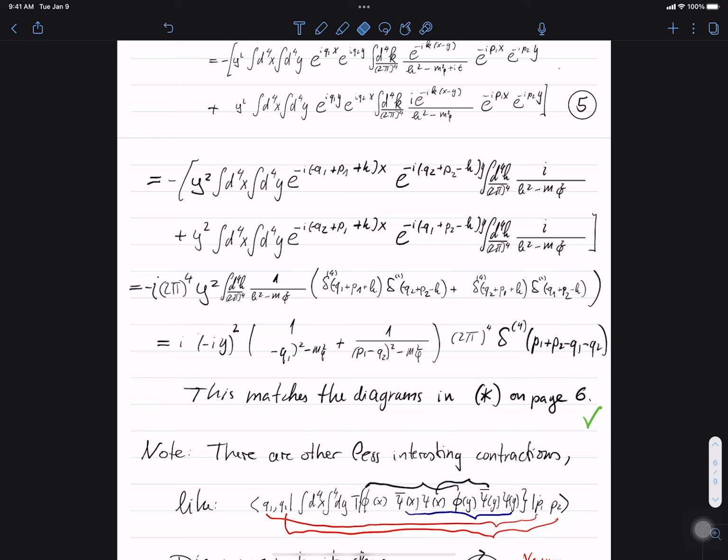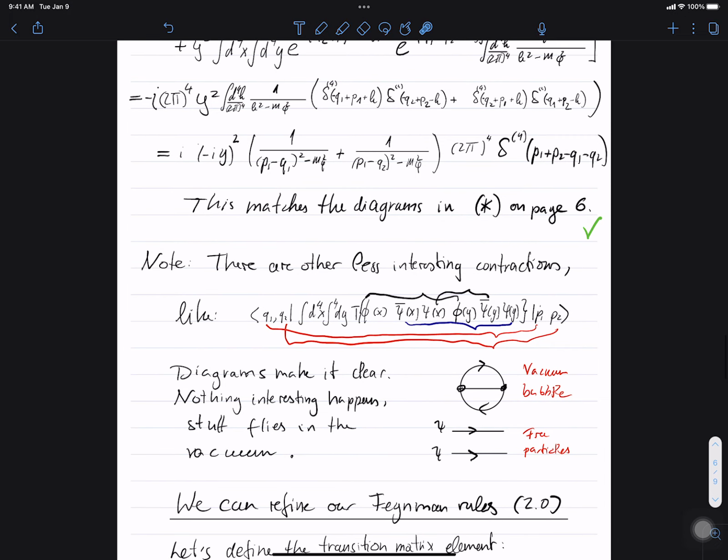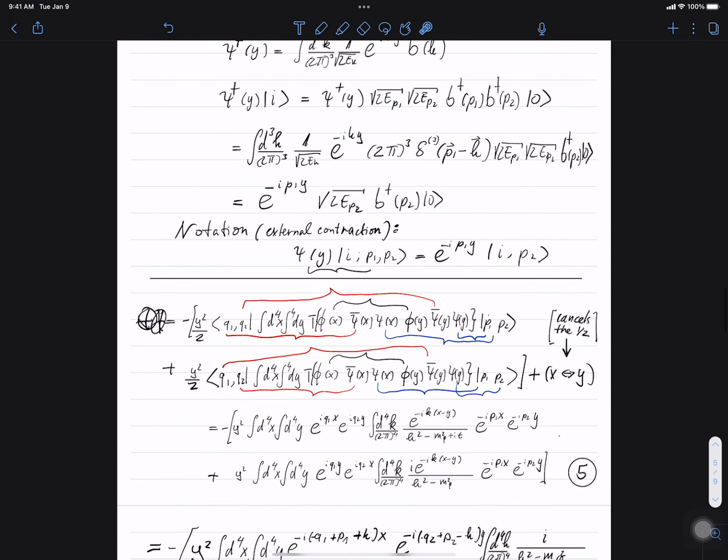So we get the two propagators here. The prefactor is i from the propagator, negative i y squared. And we get this total momentum conserving delta function at the end, combining all the delta function integrals. Well, this matches exactly the diagram on page 6 that we had here.